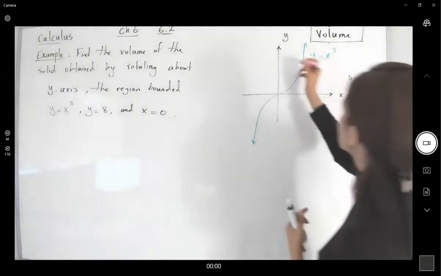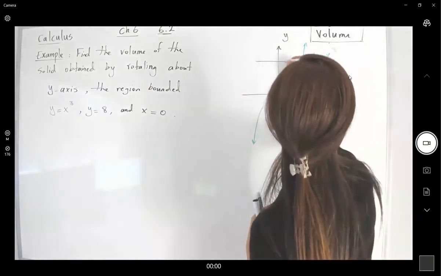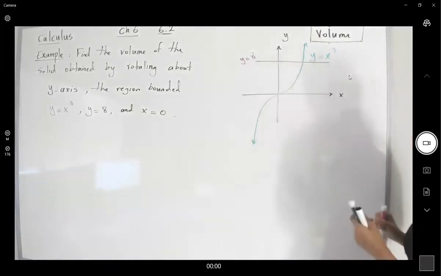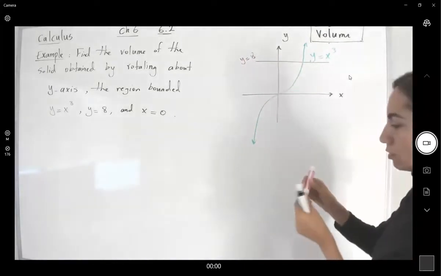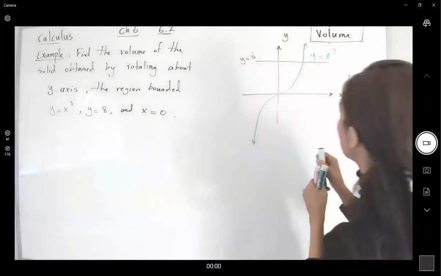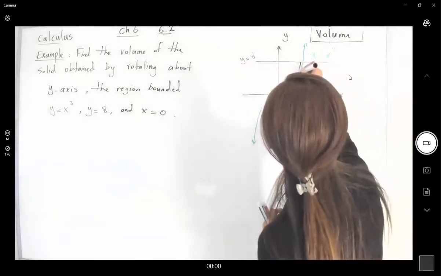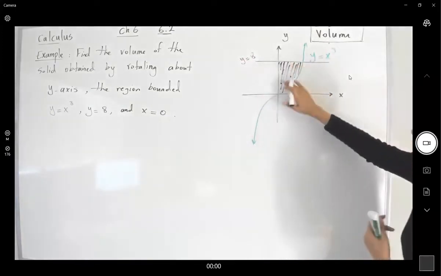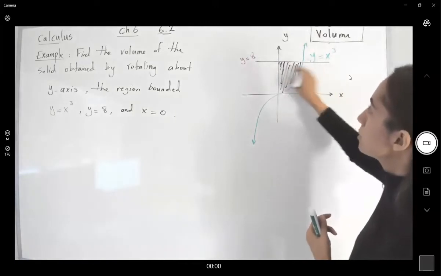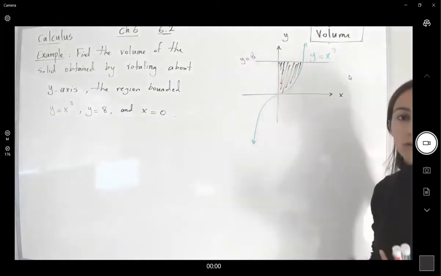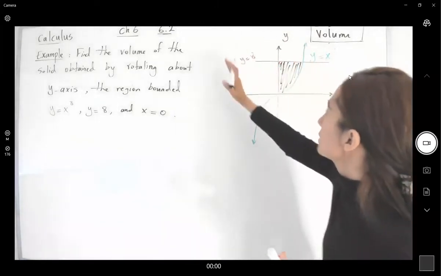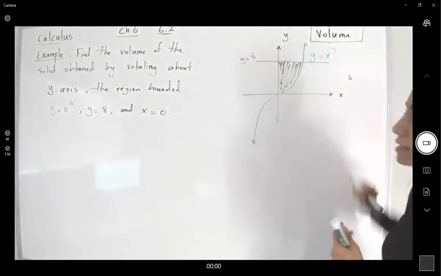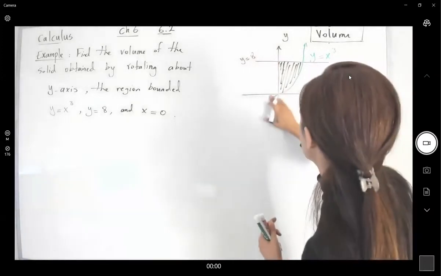Suppose y equals 8 is just right here. And x equals 0. So we're trying to take this region here, bounded between y equals x cubed, y equals 8, and x equals 0, and rotate this guy about the y-axis, not the x-axis, just the y-axis.